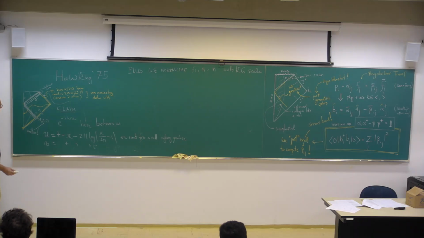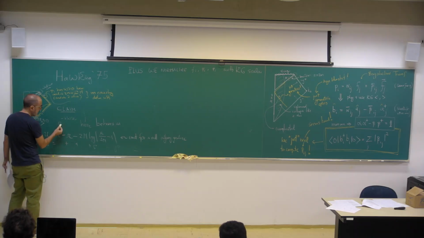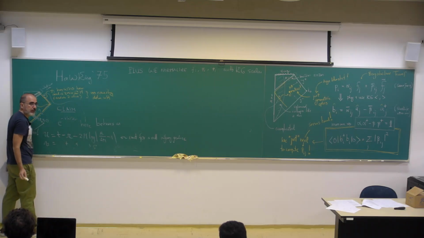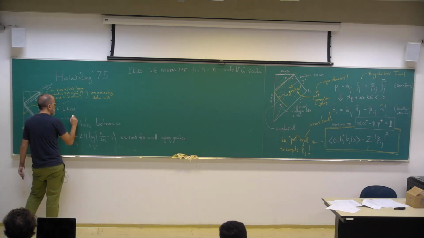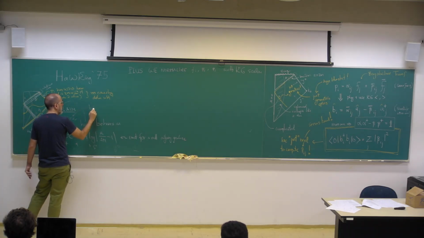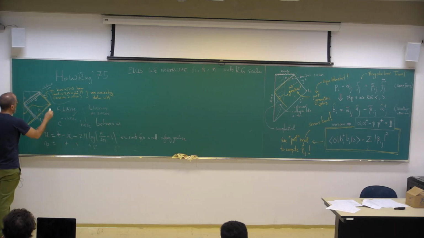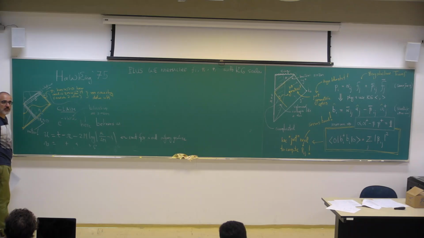And importantly, you see that this is the positive frequency mode, but U blows up as R goes to 2m. Right? And therefore you can think that you have some frequency here, and this frequency effectively accumulates close to R equal to 2m. Right? This variable is very fast.